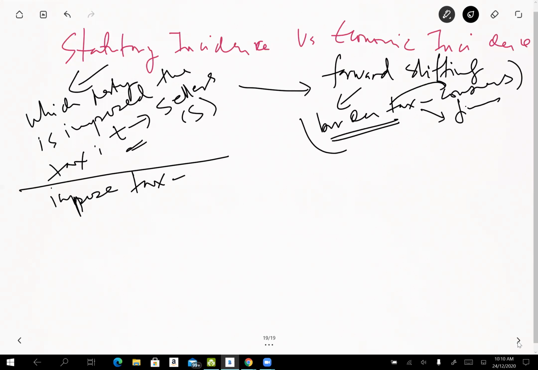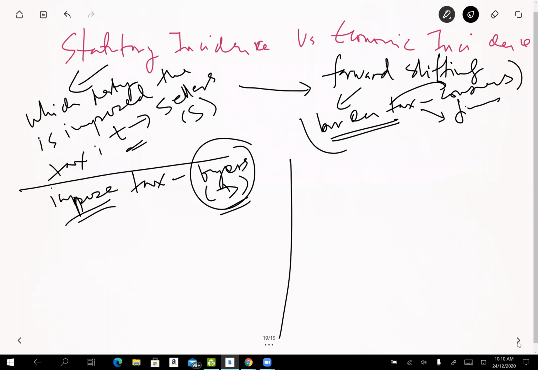On the buyers, on the consumers. So that will affect the demand function. Now, if the tax is imposed on the buyers, what happens then? That means the buyers will have to pay the tax to the government. That will affect the demand function. If you look at the diagram, let me draw a simple diagram here.